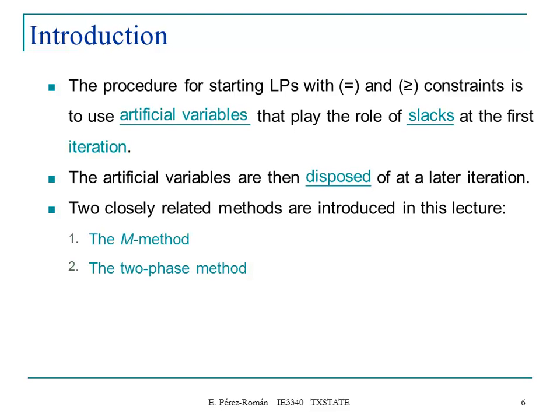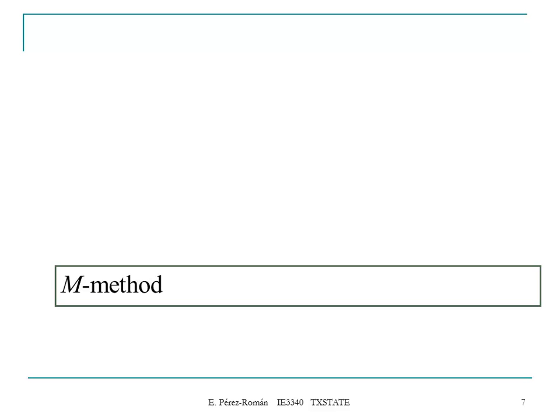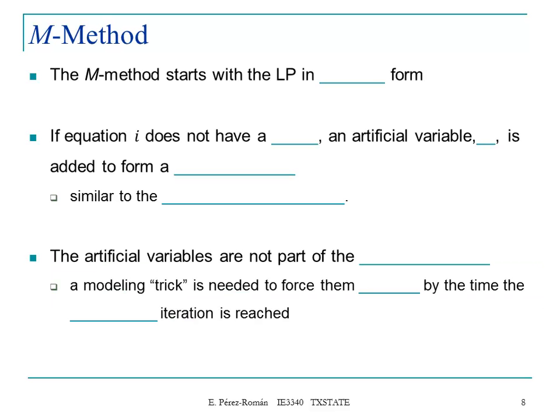Okay, so I'm going to start with the M method. I believe it's easier to understand, so we're going to start with it, then we're going to transition to the two-phase method. The M method starts with the LP in equation 4.